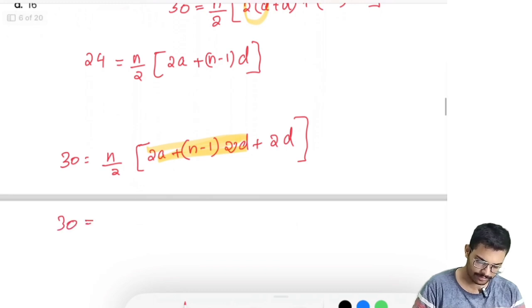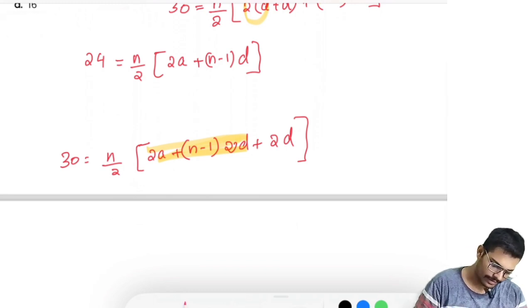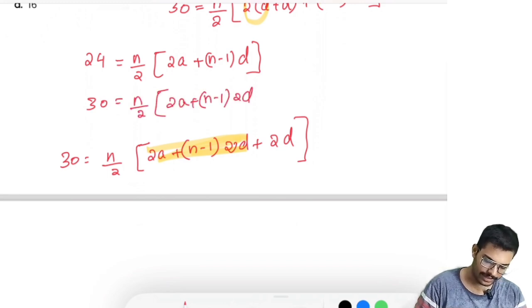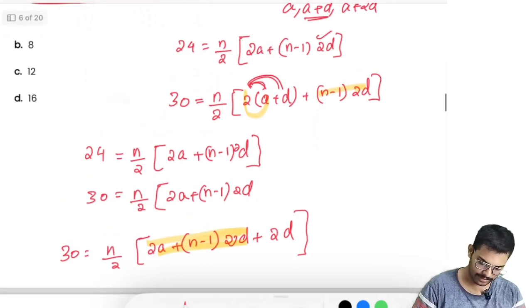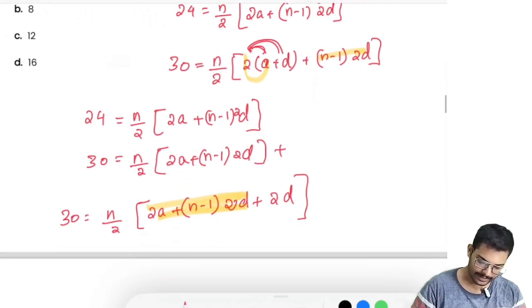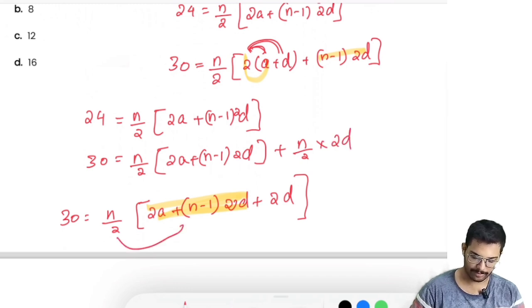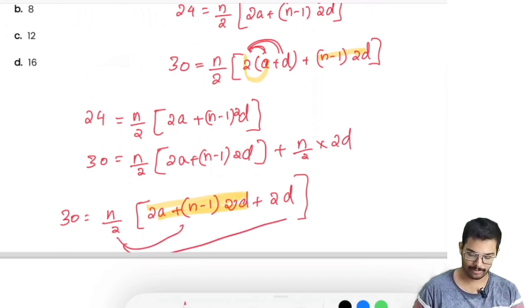Now I can write 30 equals n by 2 into 2a plus n minus 1 into 2d, which is the first equation, plus n by 2 into 2d. I have applied the distributive property.